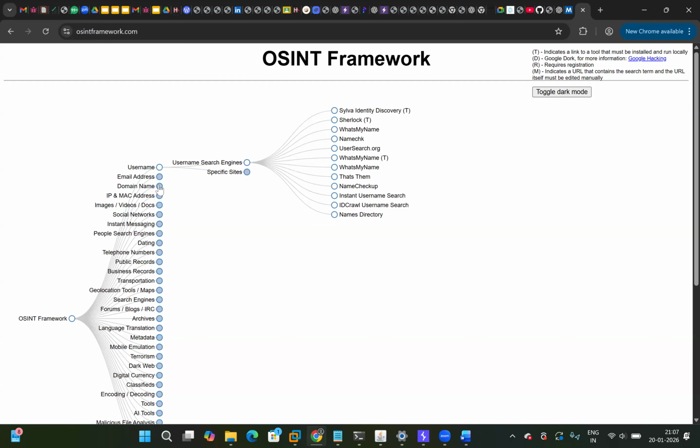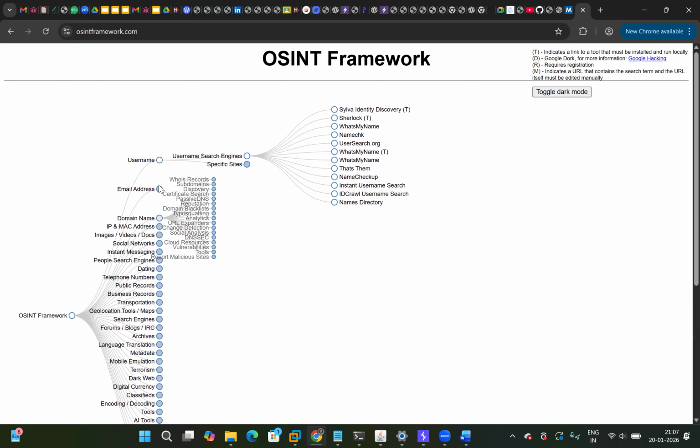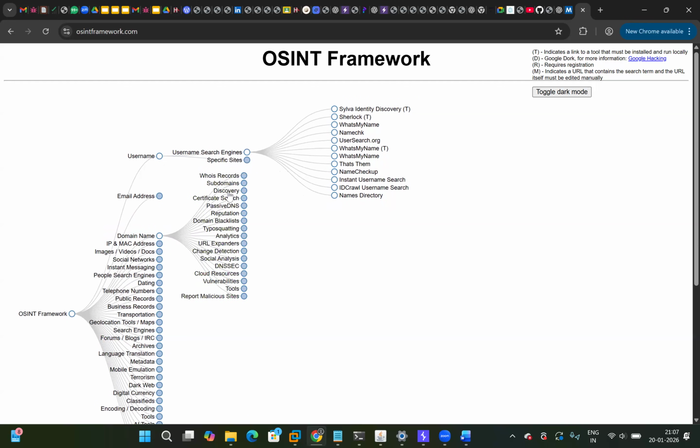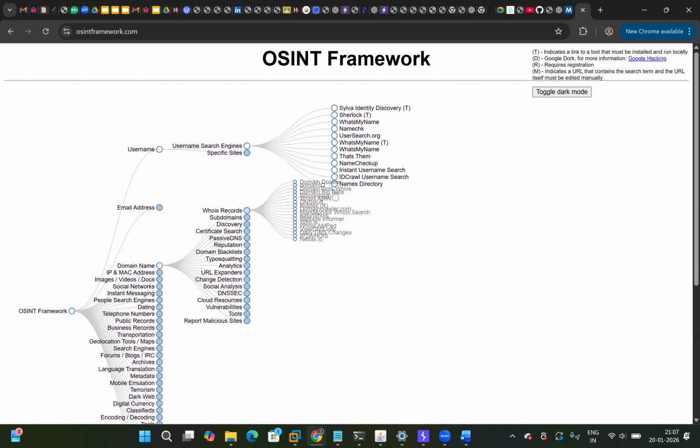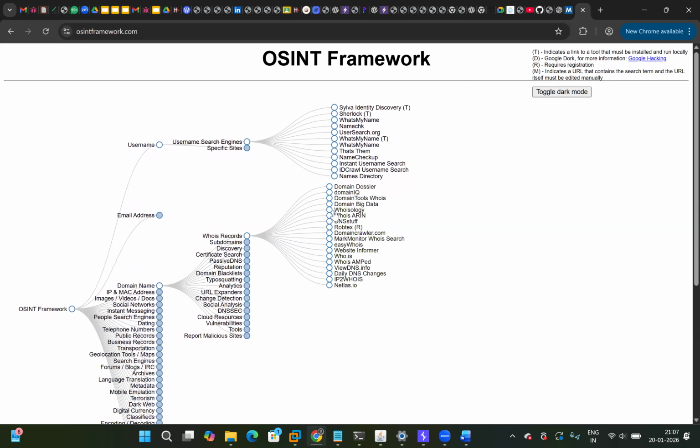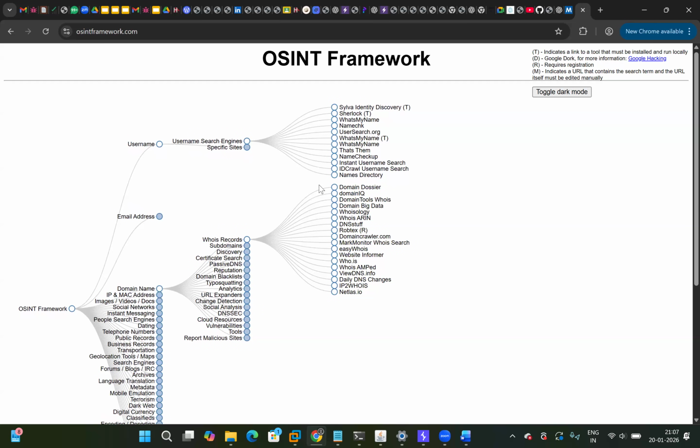Let's say we want to do a domain name search. In the domain name section, we can check the whois record, and in the whois record we can get the domain details. We can use various websites such as DomainDossier and whois in order to check the domain related information. Let's say we use whois.